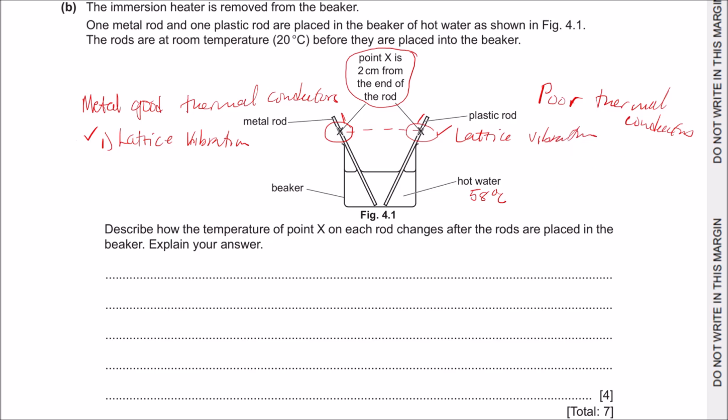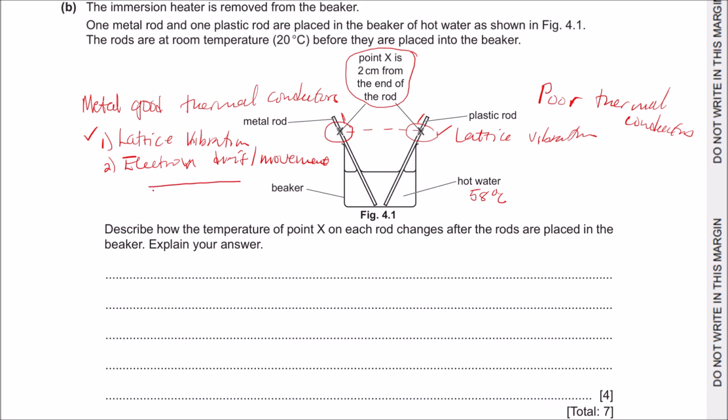Right. After this, we have mechanism number two, which is called electron drift, or electron movement. So heat can move by electron movement.